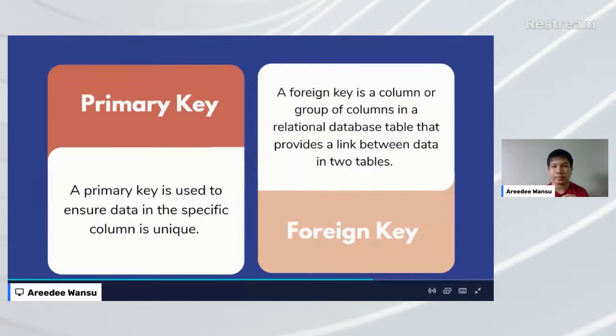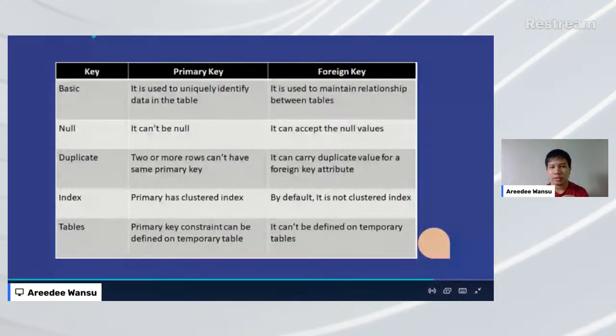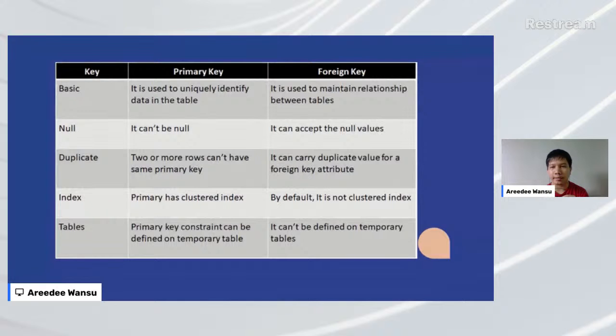Next, we look at the difference between a primary key and a foreign key. A primary key is a column that uniquely identifies every row in the table of the relational database management system, while a foreign key is a column that creates a relationship between two tables.